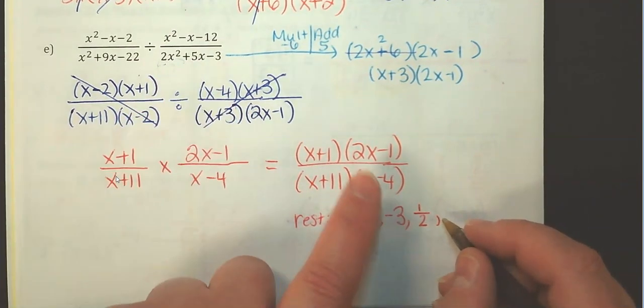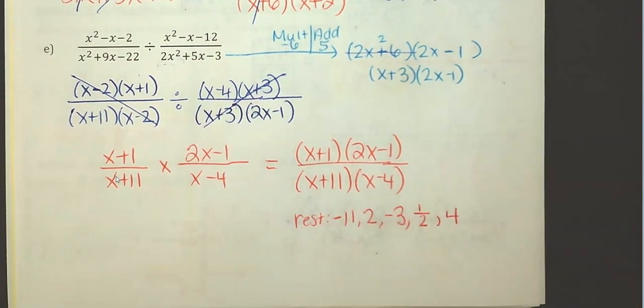The only other thing that ends up in the bottom is x minus 4, so I would have a 4 as part of that restriction. So if you're dividing, it's really the restrictions at the top and the bottom of the second fraction. But otherwise, it's really similar to what we were doing in our last set of notes. Just got that extra step where you're going to flip over the second fraction and then multiply.